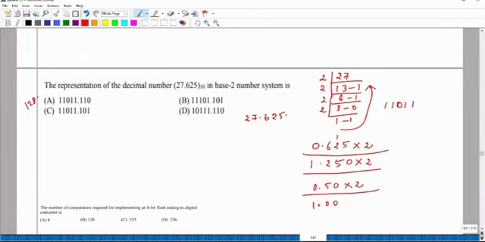Then you have to consider only these numbers. So my answer is 0.101, reading in this direction. The answer is C.